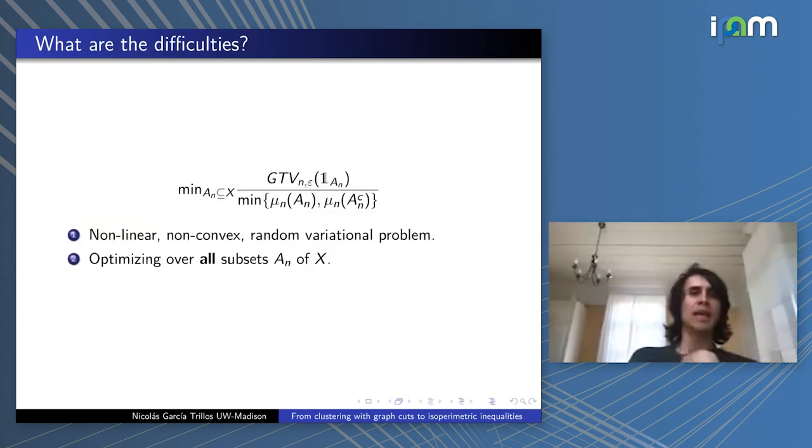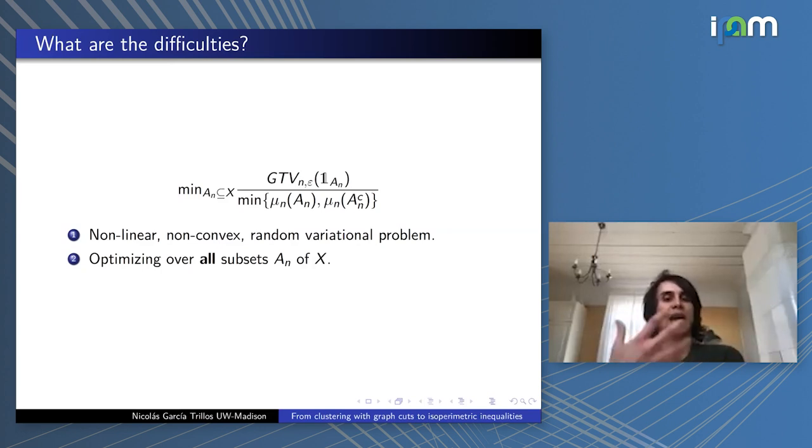Okay. If one wanted to make mathematical sense of that guess, what would be the challenges to establish a result of that type? In other words, how can we characterize the large sample limit of these Cheeger cuts? Well, in this kind of statistical problem, we are facing a nonlinear, non-convex, random variational problem.